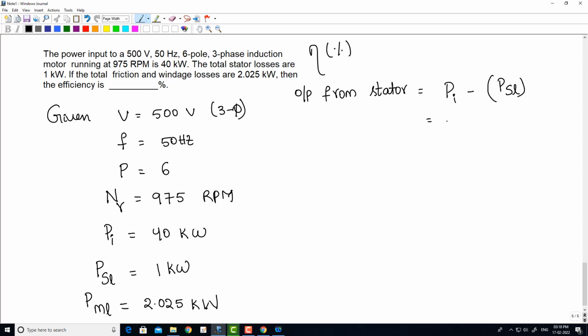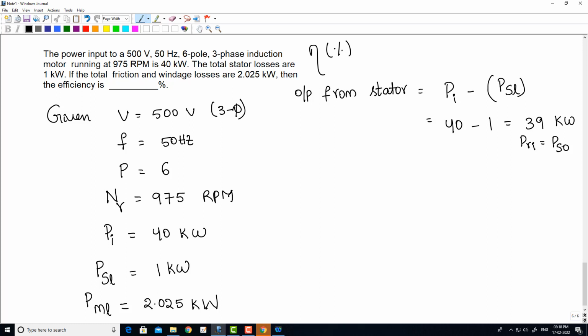Input is given as 40 kilowatts minus stator loss 1, that is equal to 39 kilowatts. This is the output from the stator or rotor input.